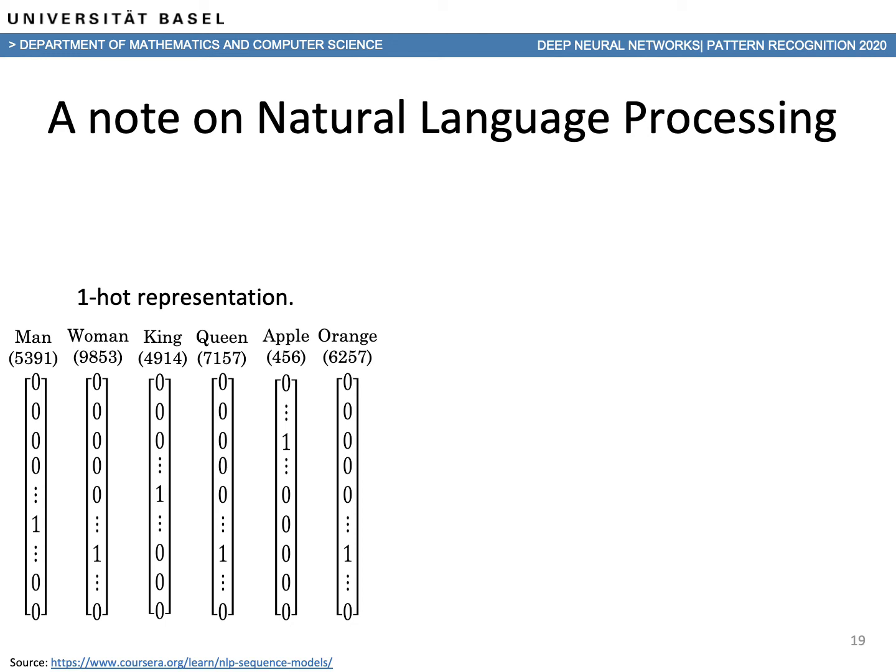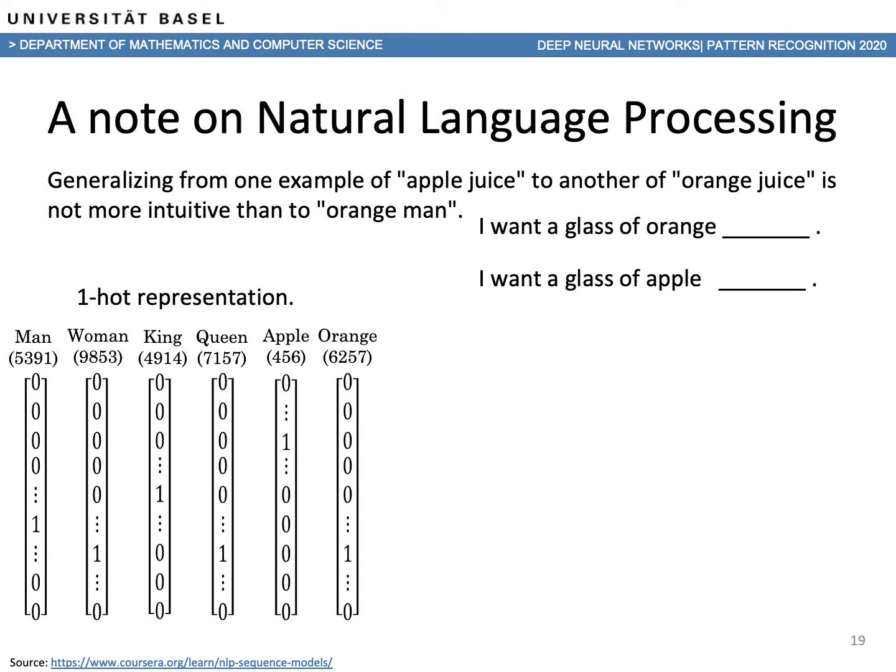One might imagine that, for instance, if you want a glass of orange something or apple something, it might be difficult to generalize from one example of apple juice to another, orange juice, or to even more exotic kinds of juice, which the translation machinery here might not have seen in its examples.